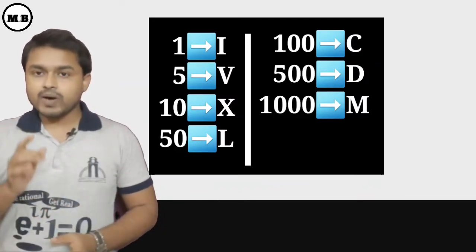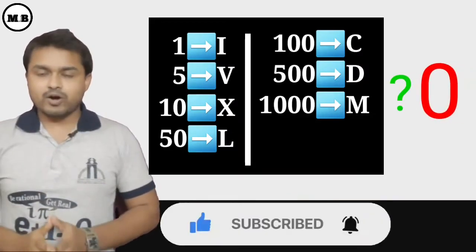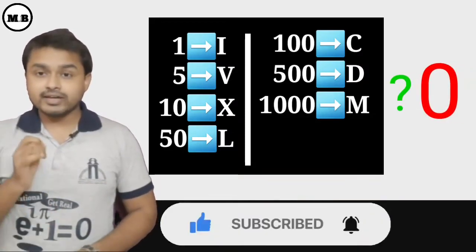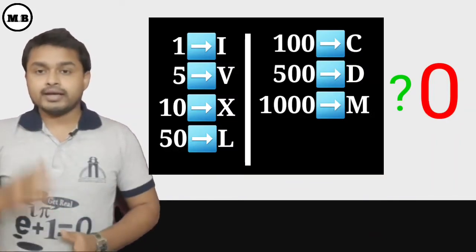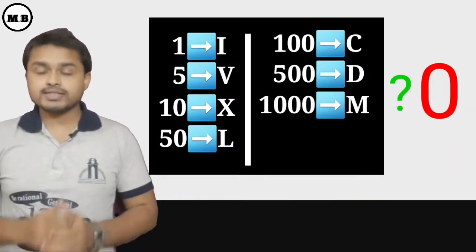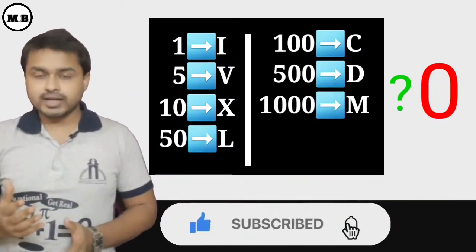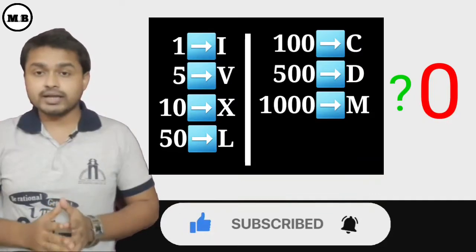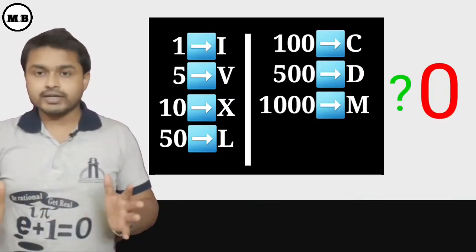In fact, if you ask what is the symbol of 0, the answer is that there was no particular position for 0 in the Roman numeral system, because their numeral system was completely non-positional, and at that time there was no need of arithmetic.